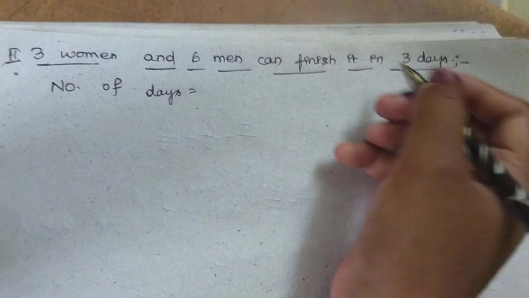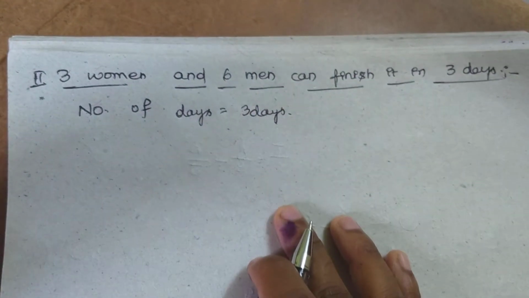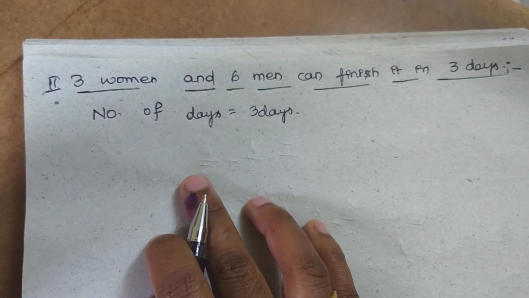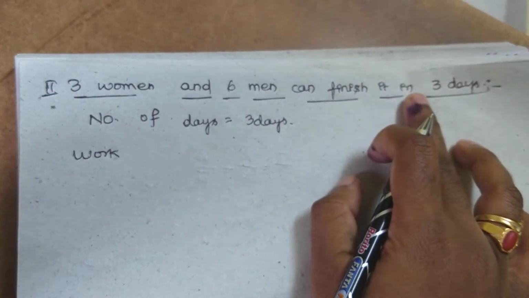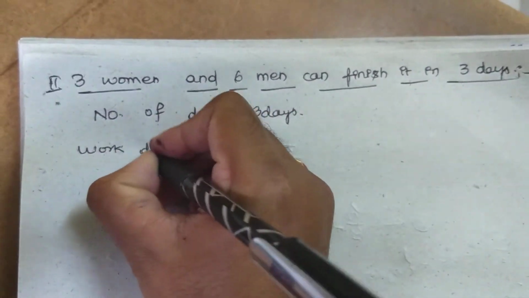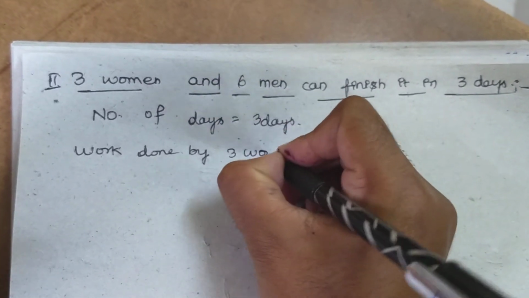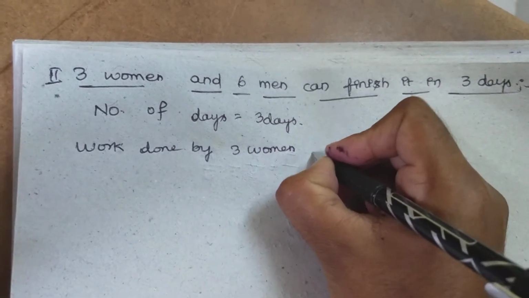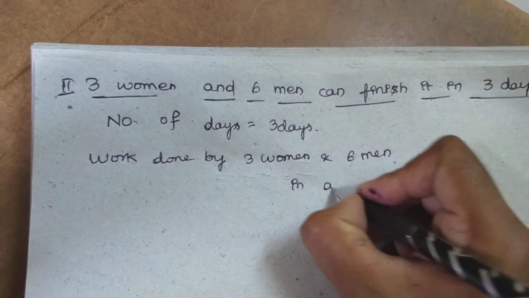It is given as 3 days. So in 3 days, the entire work will be done by 3 women and 6 men. So, work done by 3 women and 6 men in a day.